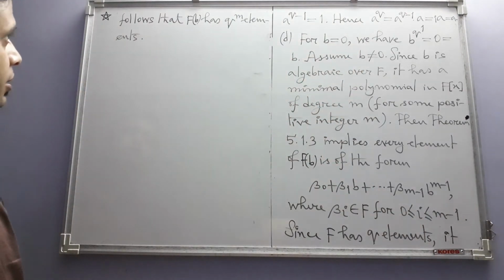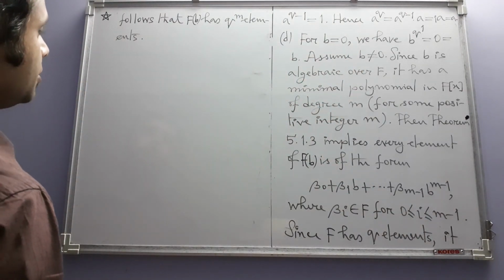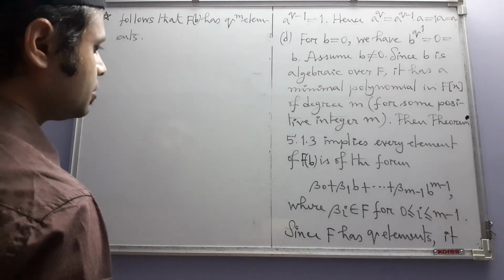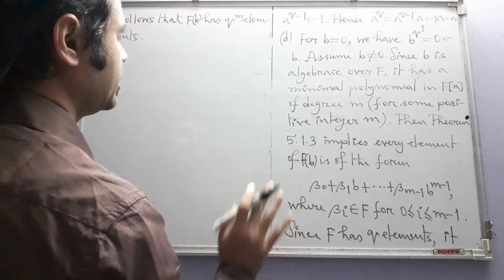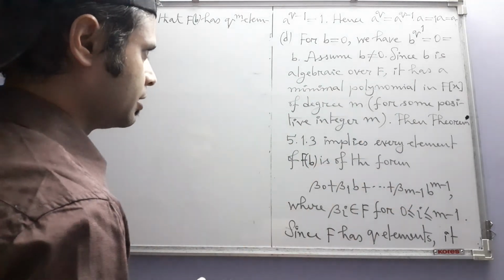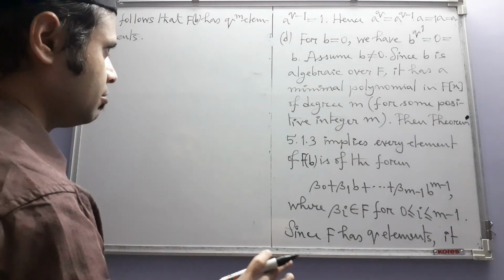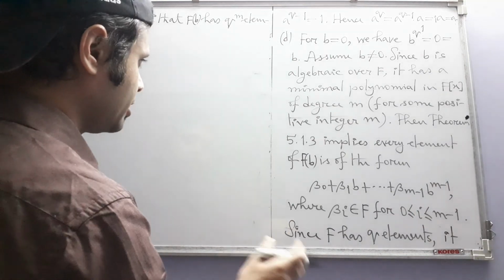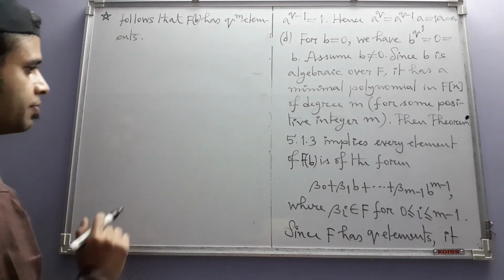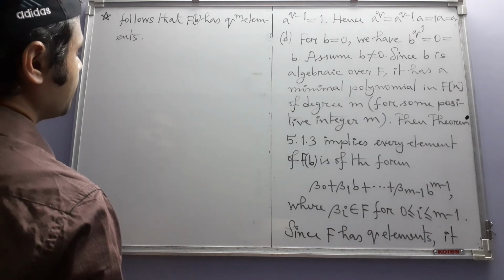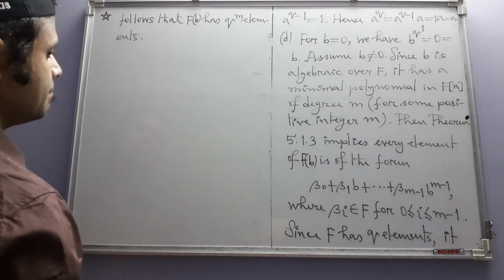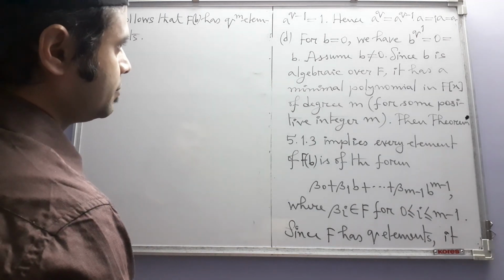So F(b) has q to the power m elements. Yes, there is no need to consider K. K is just there in the background, the place where everything is happening.